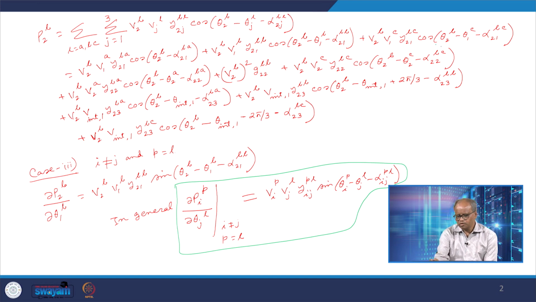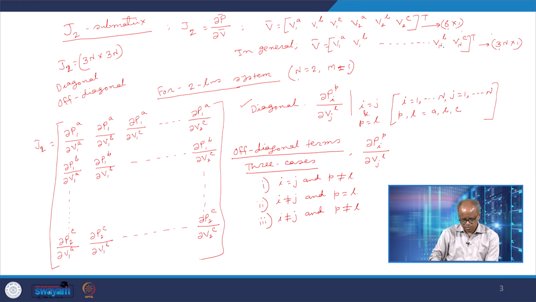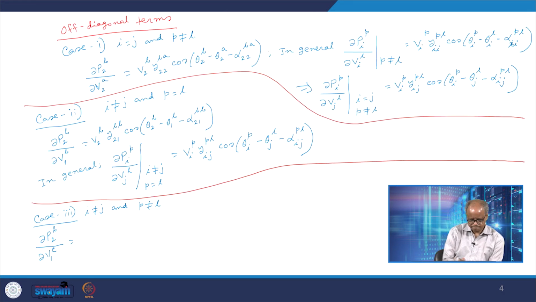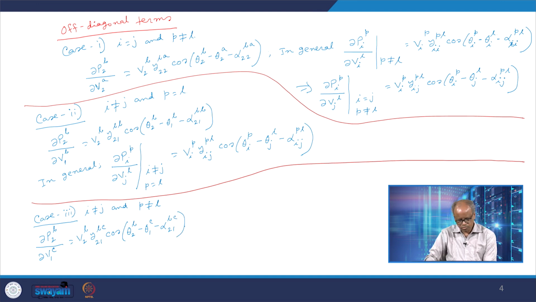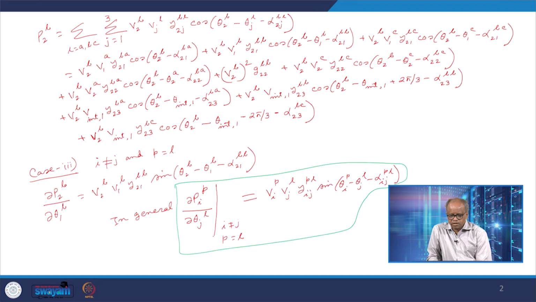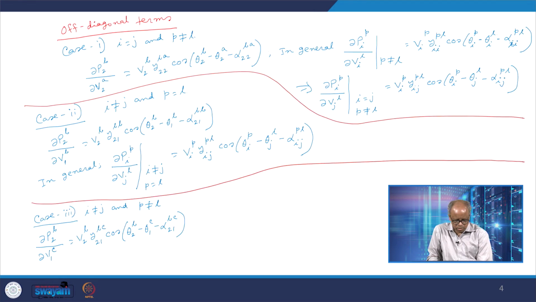So, V2B, Y21BC, so it is V2B Y21BC cosine theta 2B minus theta 1C minus alpha 21BC.